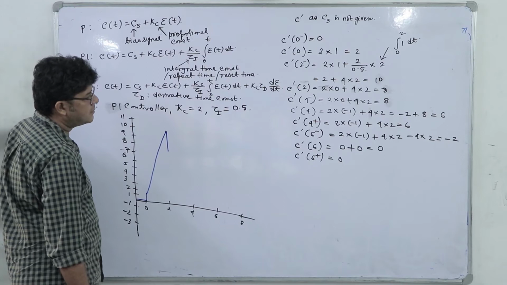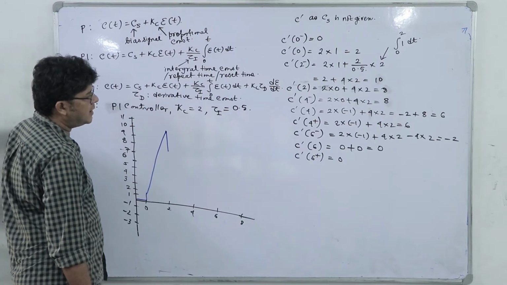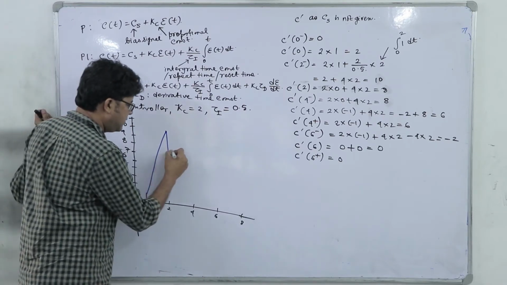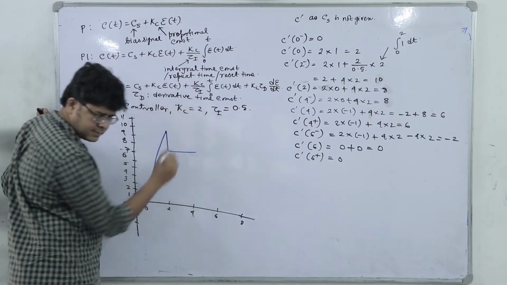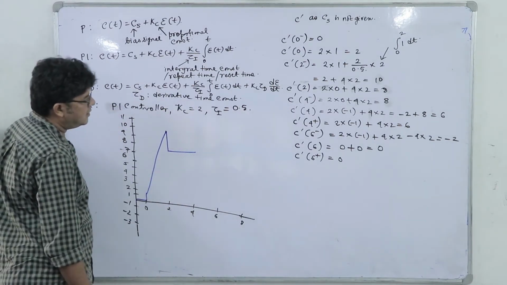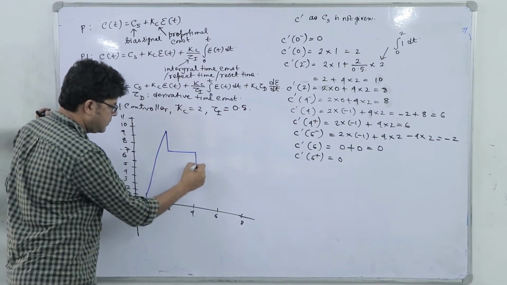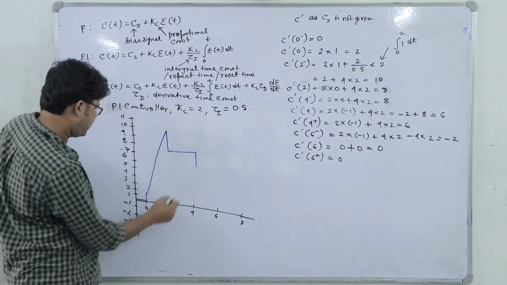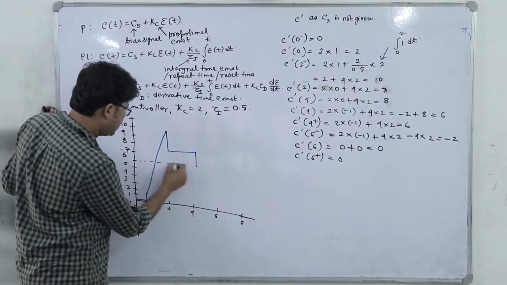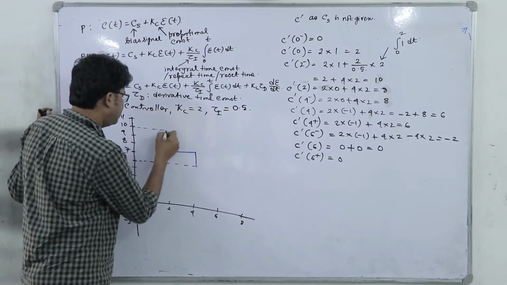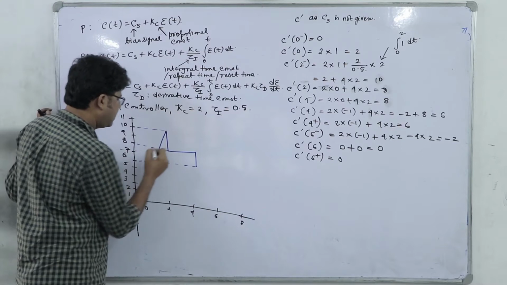Then up to 4 minus, it will remain at 8. Next again it will drop to 6. Okay. So, it will drop to 6, this is 10, this is 8.